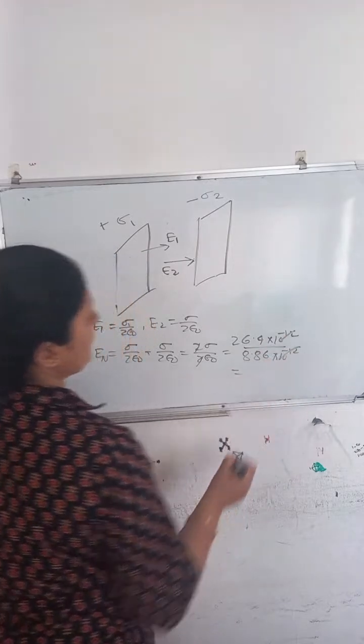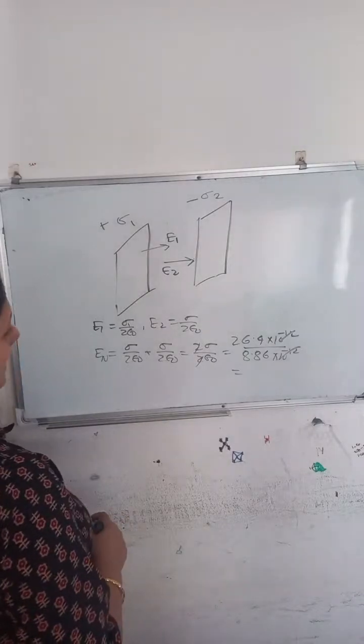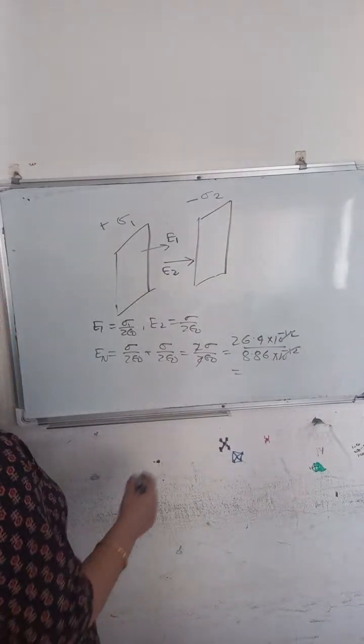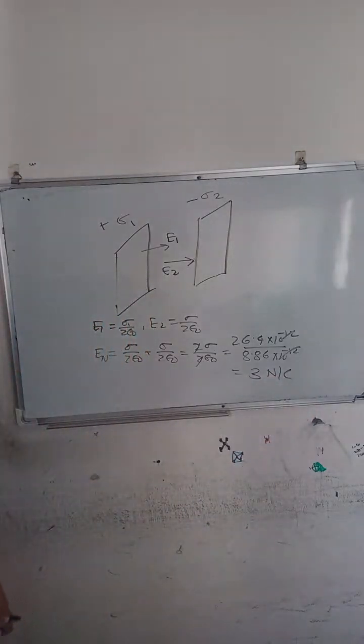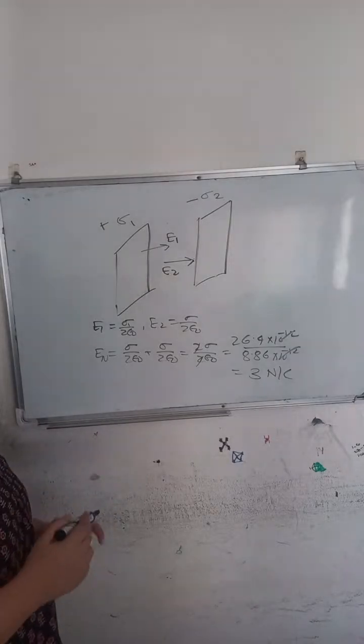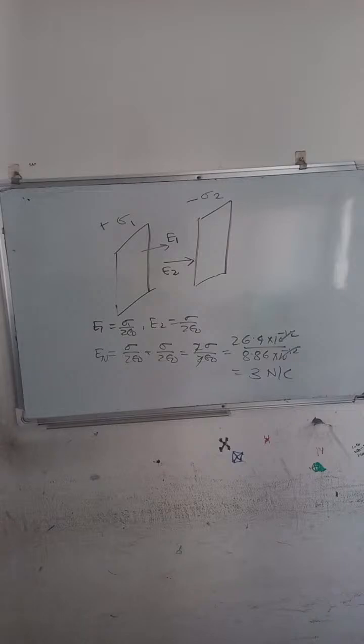This gets cancelled, and if you simplify, you get 3 Newton per Coulomb. So option D is the correct option here.